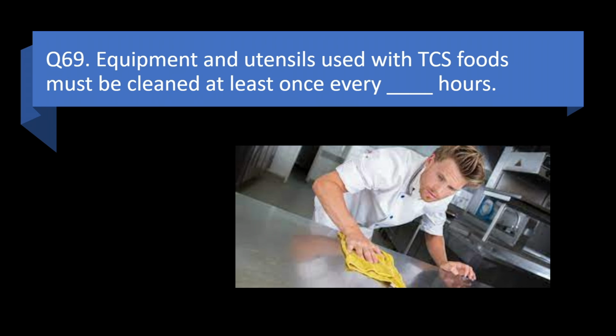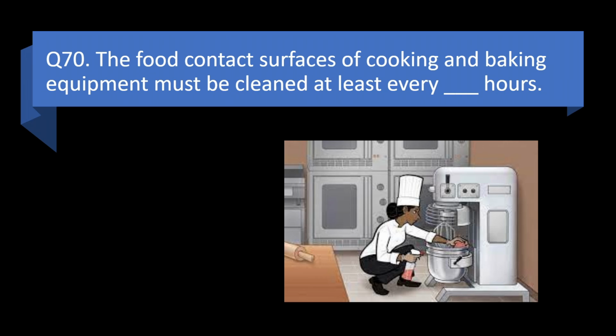Question 69. Equipment and utensils used with TCS foods must be cleaned at least once every blank hours. 4, 8, 16, or 24. A. 4. Question 70.